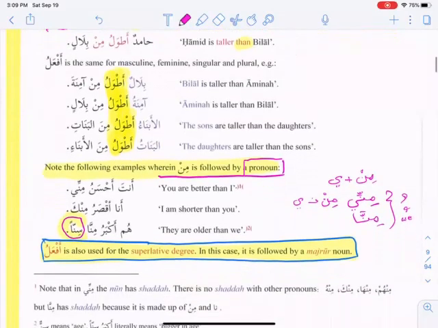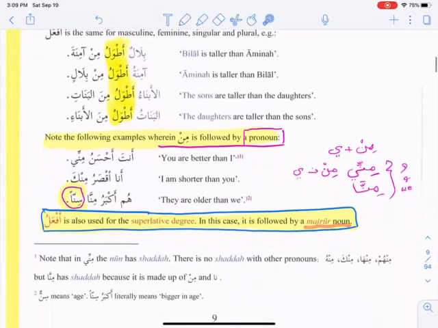Okay, my brothers and sisters, here we come again. Afalu is also used for the superlative degree. We already understood it. In this case, it is followed by a majroor noun. Majroor noun, remember. Note that in minni, the noon has a shadda. There is no shadda in other pronouns.